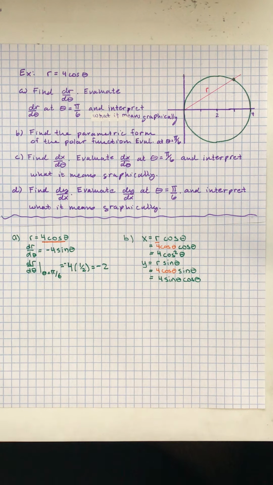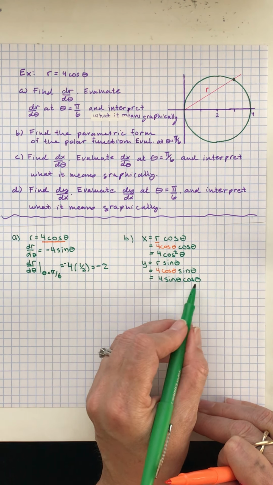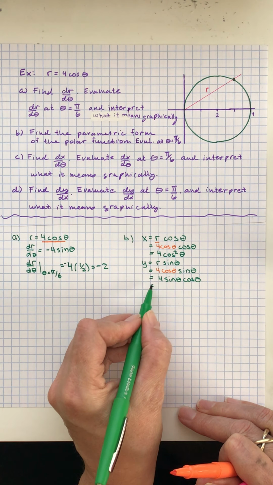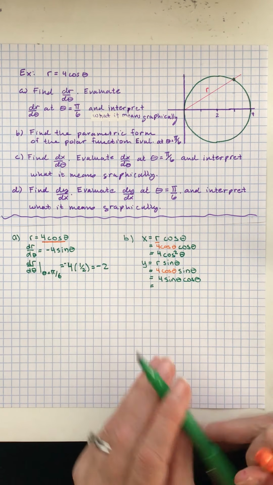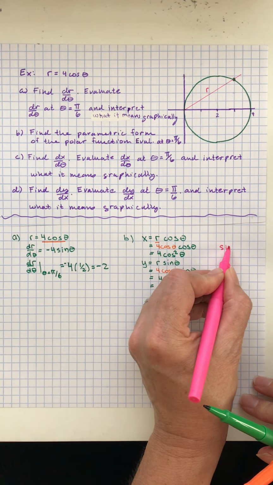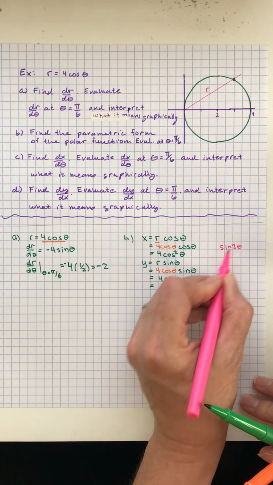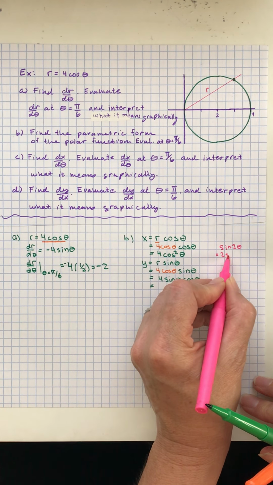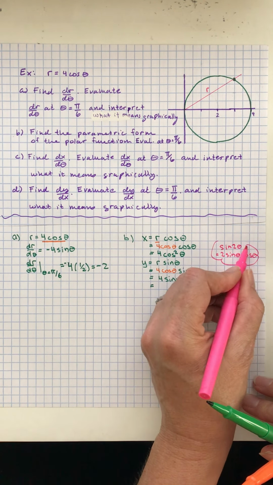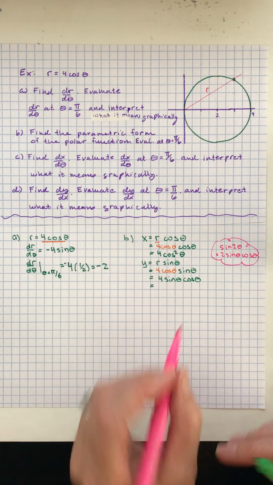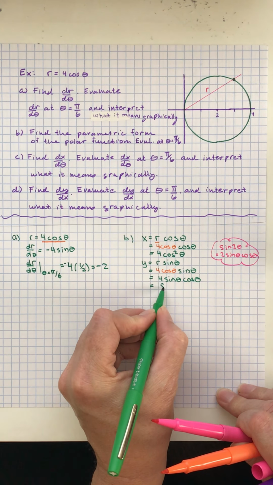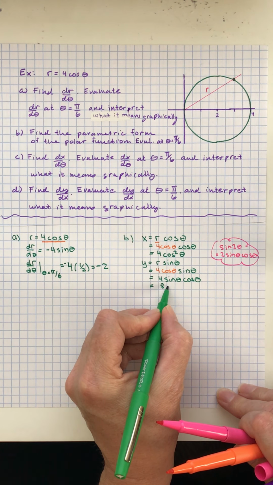It's a good idea with this particular situation to consider changing it to a simpler form using the double angle identity, which is that sine 2 theta is equal to 2 sine theta cosine theta. It's a double angle identity from pre-calculus, and that would change this function to 8 sine 2 theta.